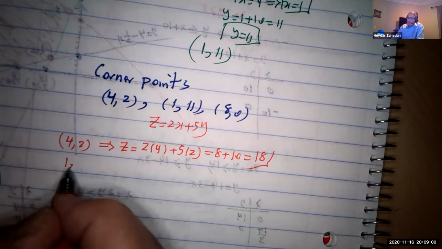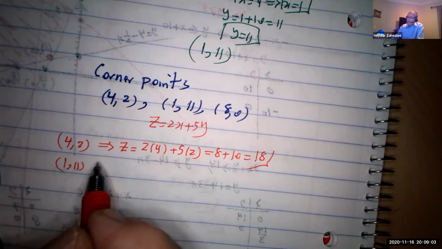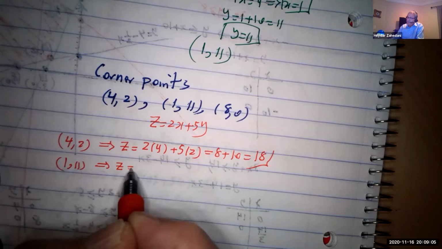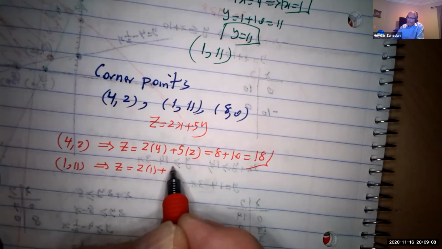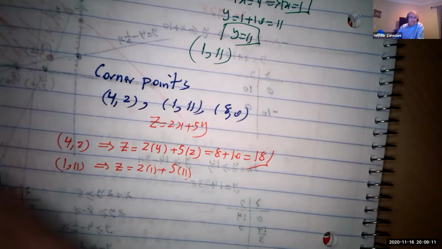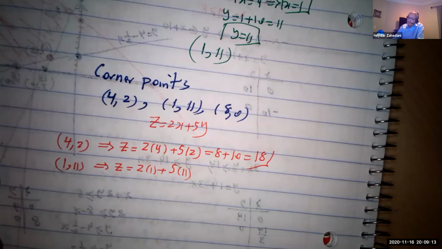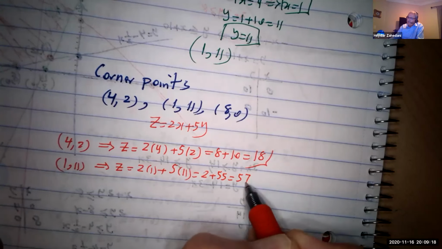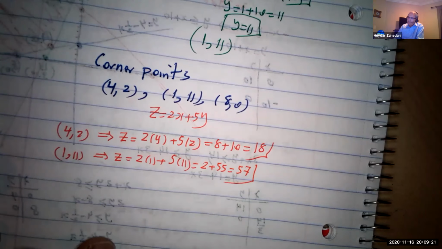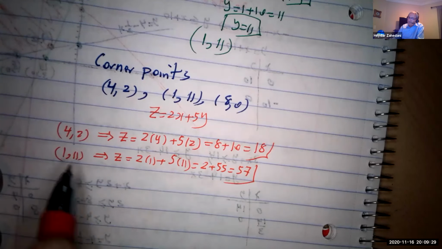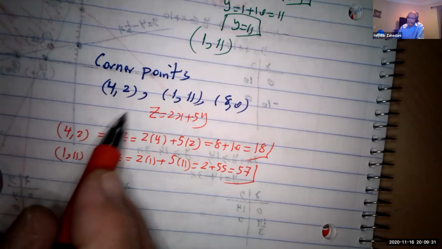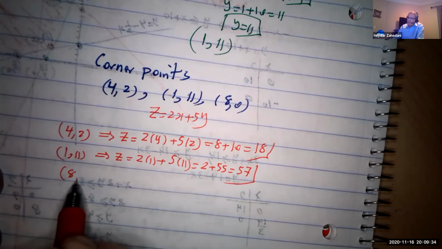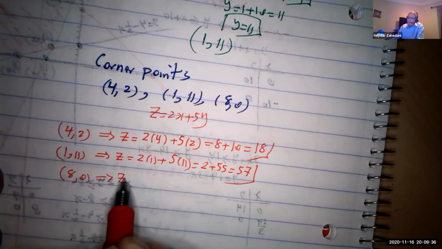We go with 1 and 11. Z would be 2 times 1 plus 5 times 11, which is quite a lot. It's going to be 2 plus 55, which is 57. And the last point is 8 and 0.